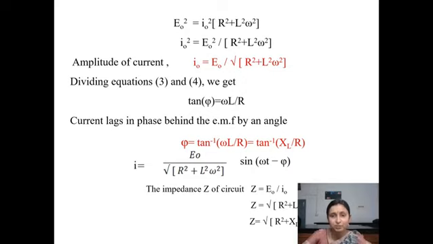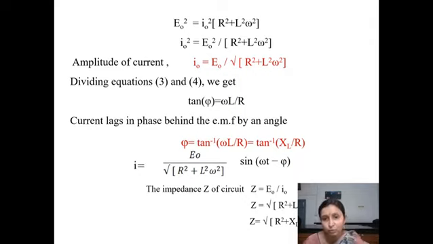So from this we can calculate I naught square is equal to E naught square by R square plus L square omega square. The amplitude of the current I naught, taking the root on both sides, is I naught equal to E naught by root of R square plus L square omega square.